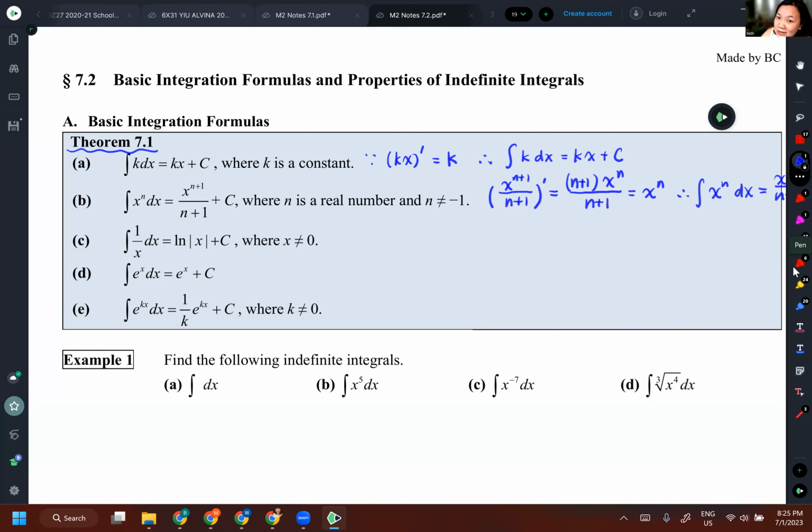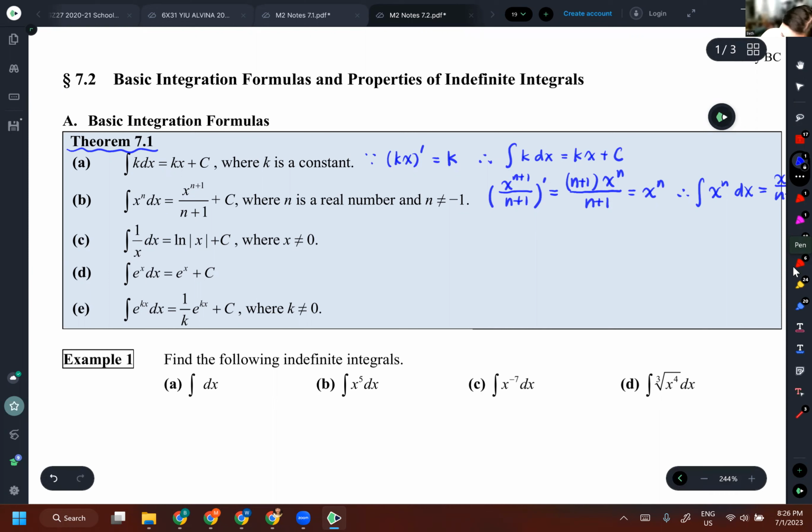But when we studied differentiation, we never differentiated anything with an absolute value sign. So this one is not so easy to check. Now, I'll show you. Why is C correct?